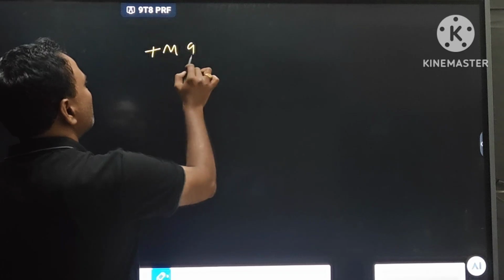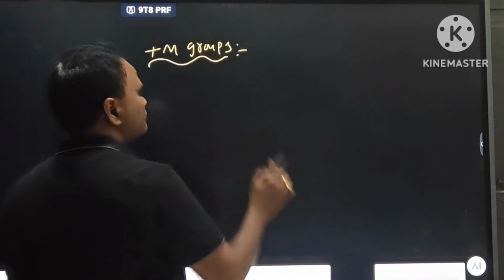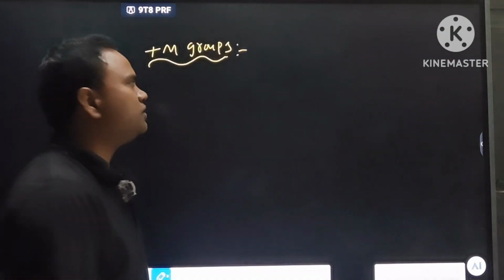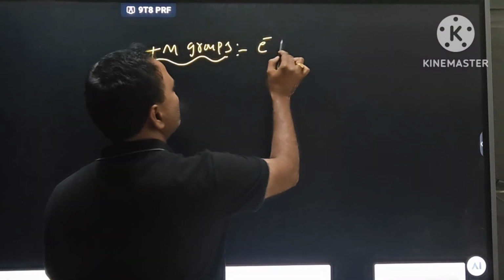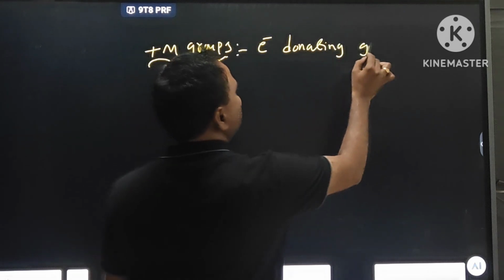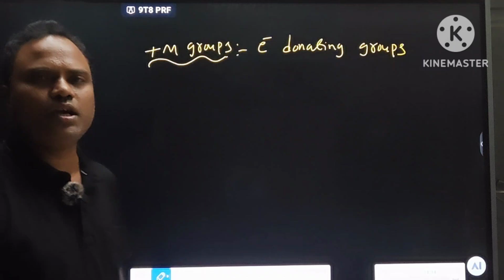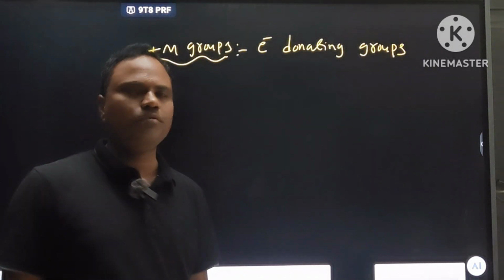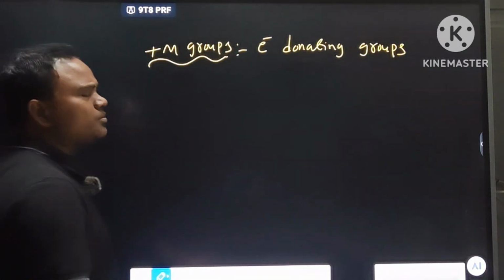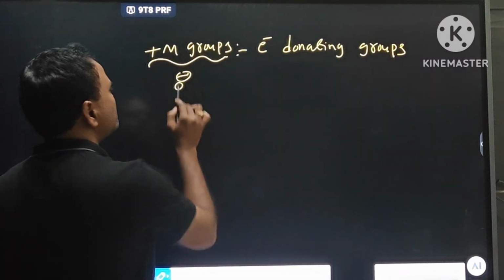Okay. Next. Plus M groups. Like plus I, we have plus M groups. Plus M groups are electron donating groups. Electron donating groups are called plus M groups. I'll give you some plus M groups, and you have to remember them. O minus is a plus M group.